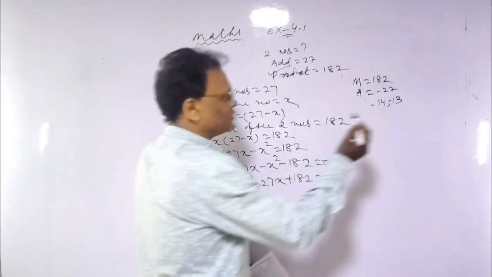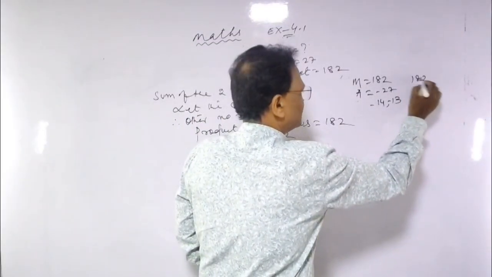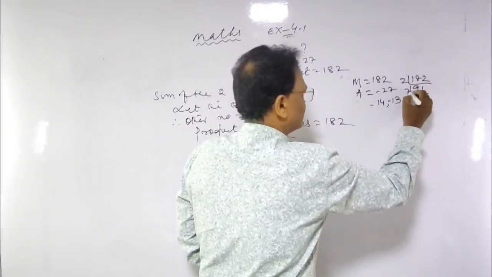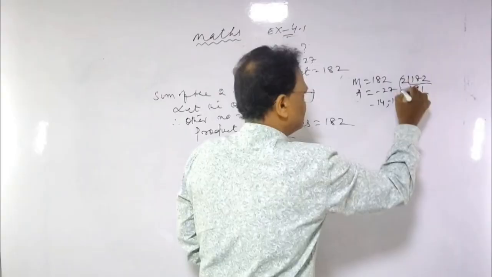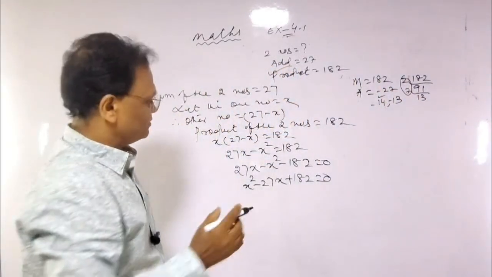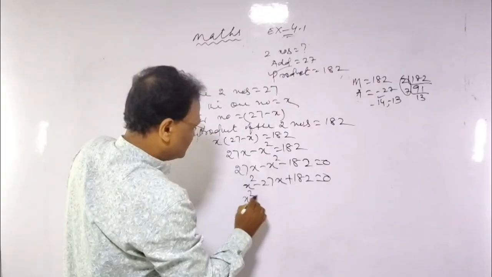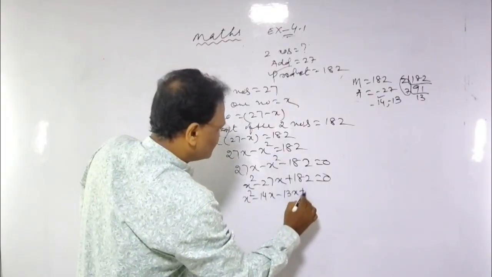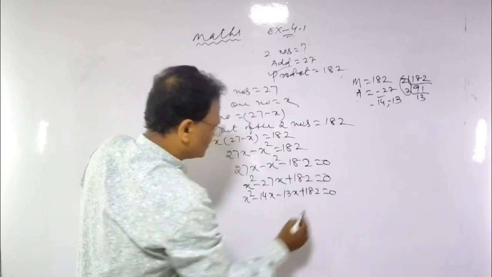How do I get it? You can also find it, just find the factors. There you get it. See this, 7 times 2 is 14, and 13. So I have taken 14 and 13. Write here x square minus 14x minus 13x plus 182 is equal to 0.